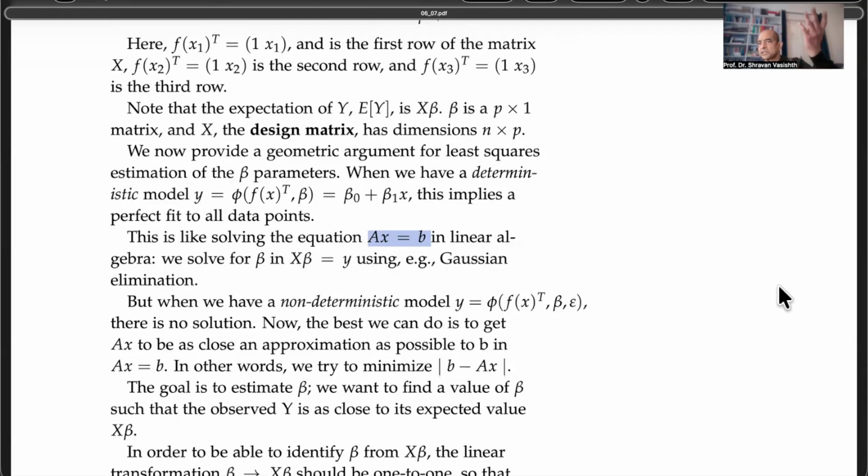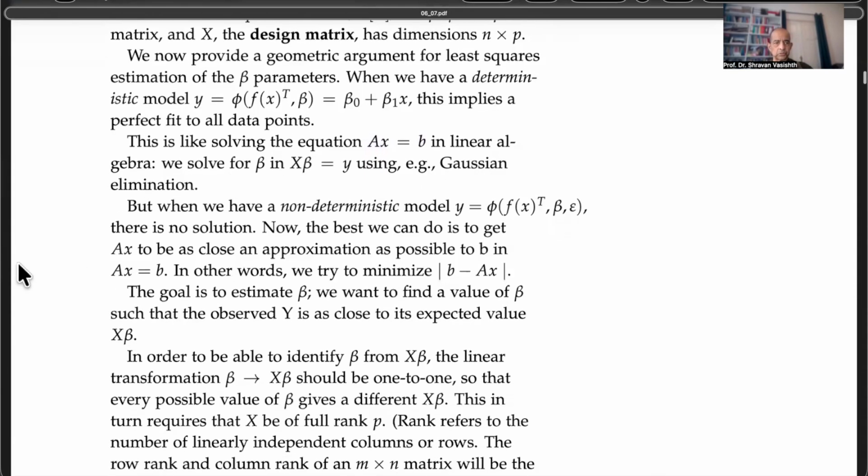Using Gaussian elimination or something tedious like that, you can figure out what the betas are. So that's something we know how to do. Literally, we are solving for beta in that kind of situation.